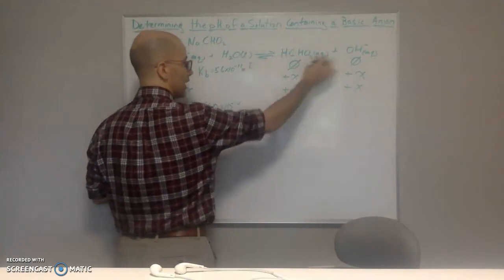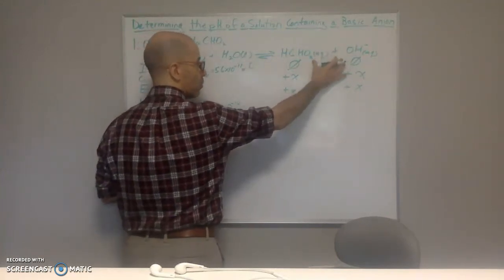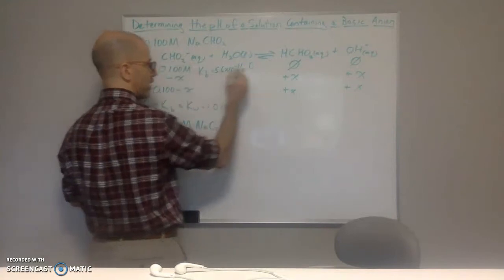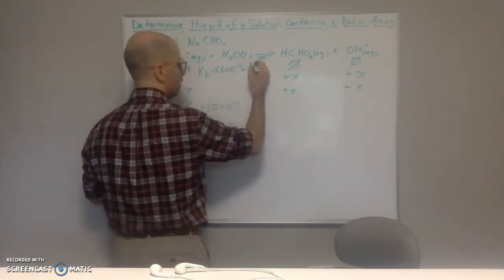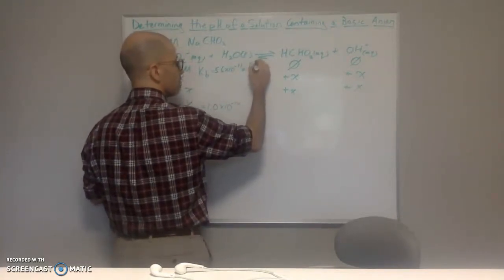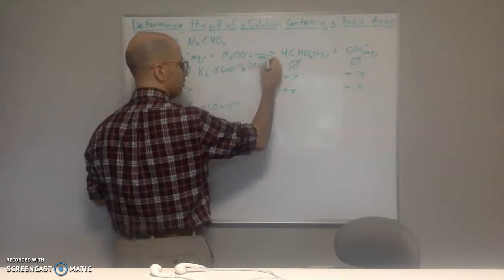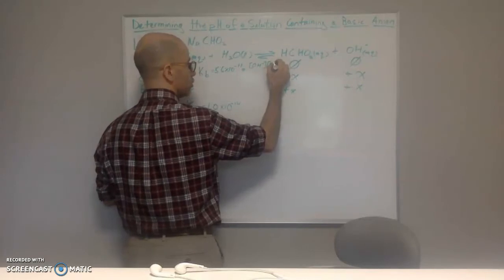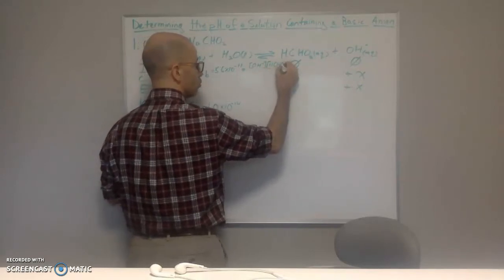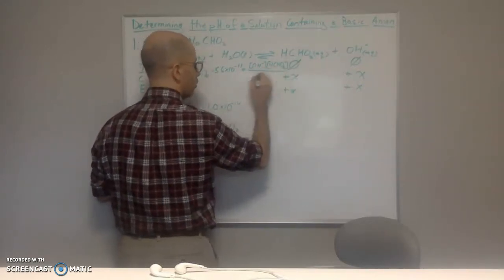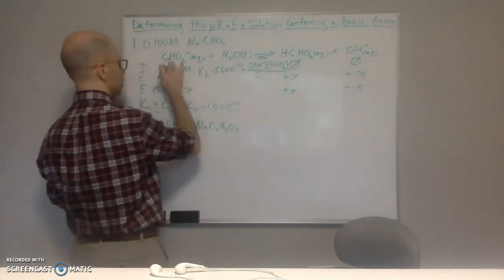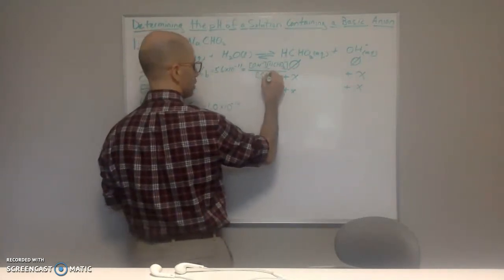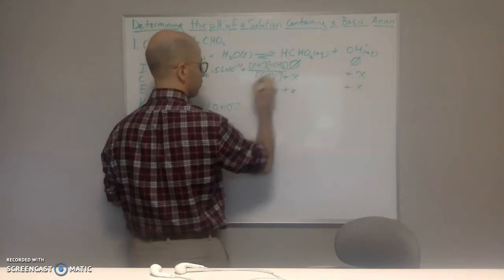So it's going to be the concentrations of the products over the concentration of the reactant here. So it's going to be OH minus concentration times the concentration of HCHO2 over the concentration of CHO2 minus.